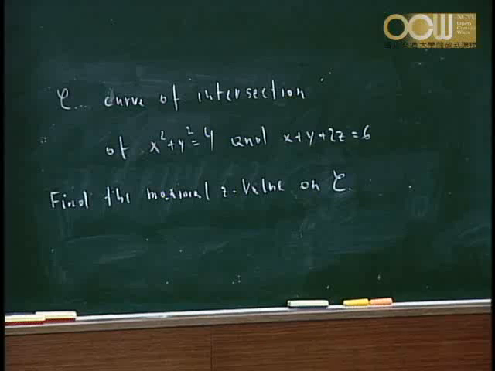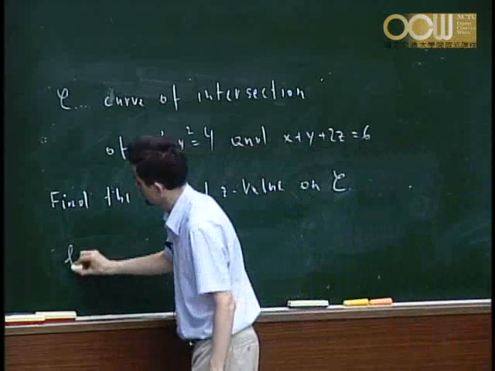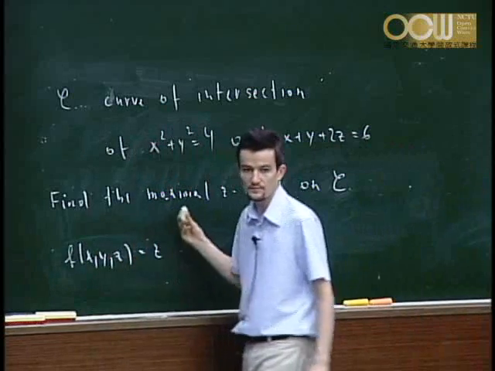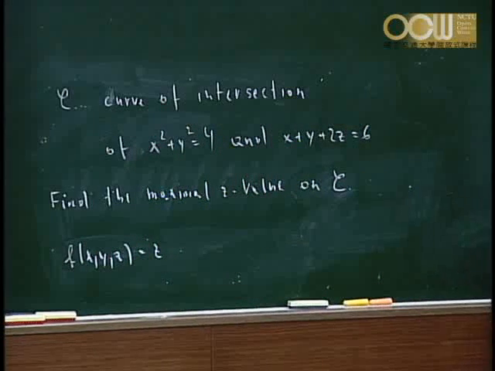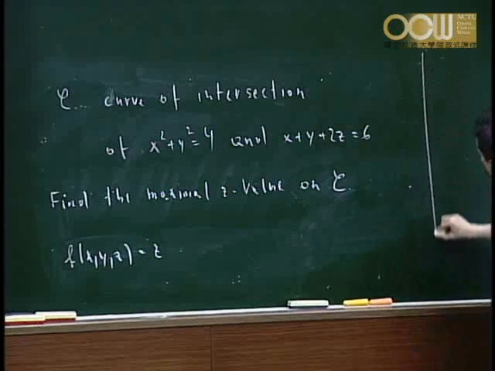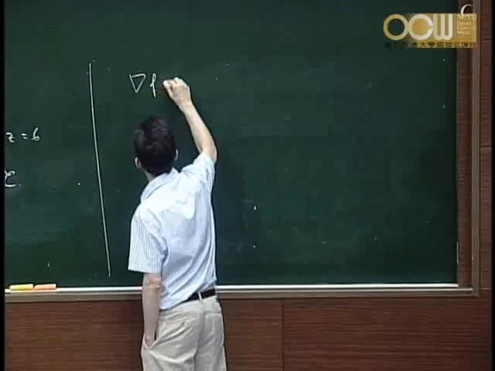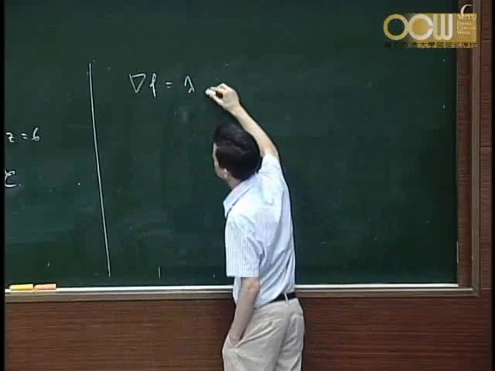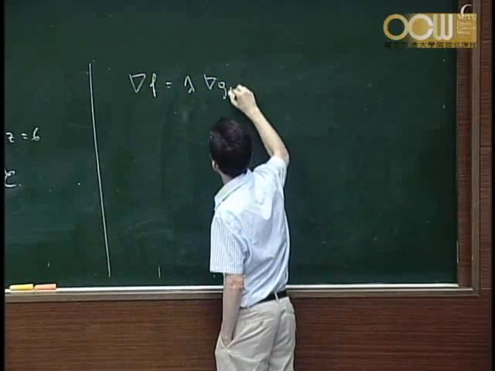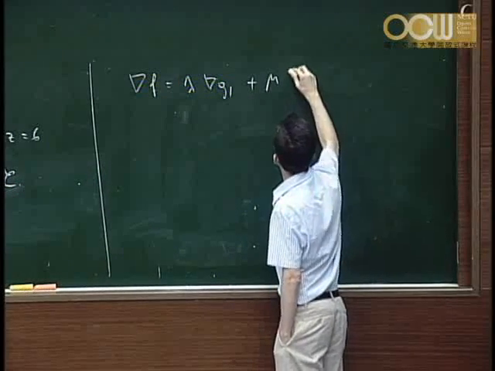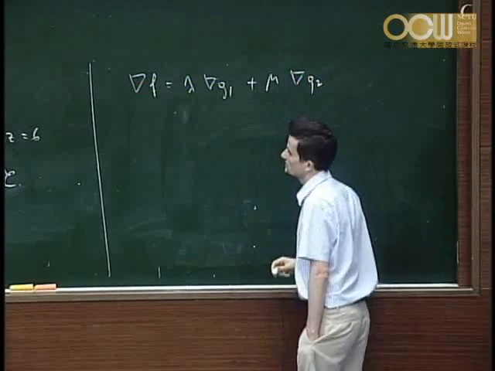Okay, so here our function f of x, y, z is equal to z, because we have to maximize the set value. Now, the method of Lagrange multipliers works as follows. You look at the gradient of f is equal to lambda times the gradient of g1, which is this one, plus mu times the gradient of g2.